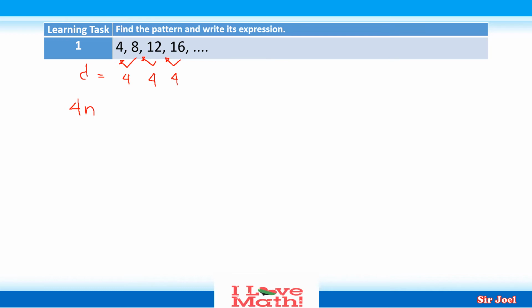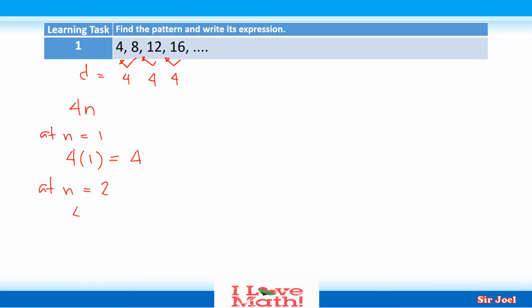Okay. So, unahin natin yung at n equals 1. So, at n equals 1, dapat ang lalabas ay yung first term na 4. Ay di 4 times 1, the answer is 4. Okay, check. Pwede. Next, at n equals 2, second term. So, dapat ang lalabas ay 8.